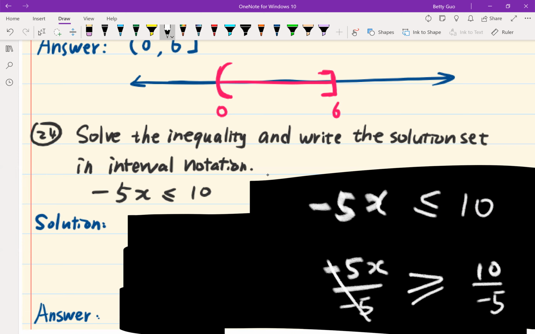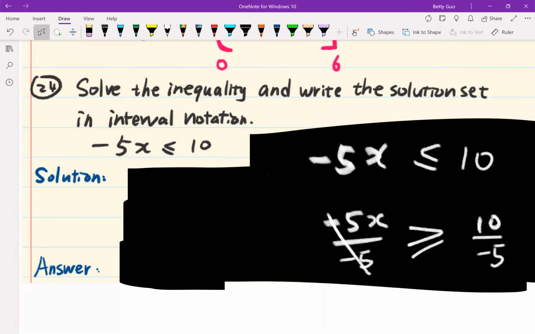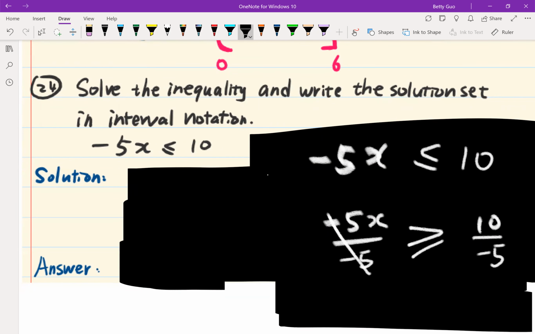So we have x isolated on the left, x is bigger than or equal to, what's 10 over -5? -2. So the solution set includes all the real numbers no less than -2, so bigger than -2 or equal to -2.